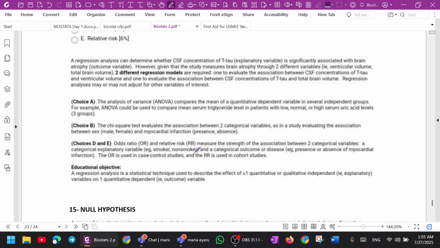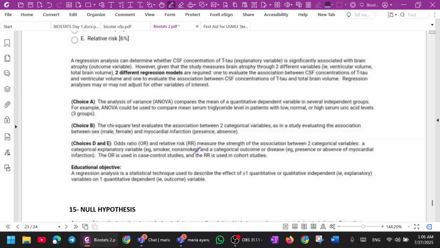Got it? Yes. Okay. A regression analysis is a statistical technique used to describe the effect of one or more than one quantitative variable on a quantitative variable. So linear regression is two quantitative variables. Okay.